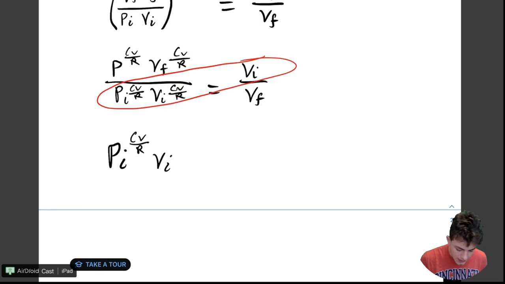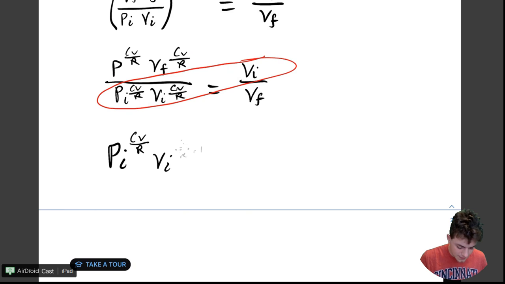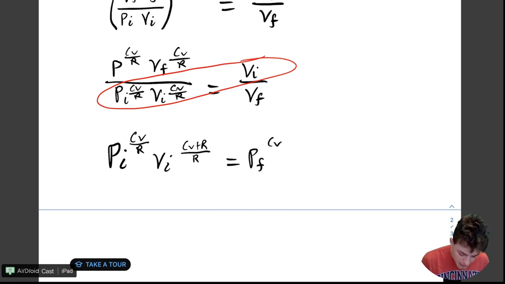So that's going to be Cv over R plus 1. Now, I could keep the exponent as that, however, I am going to instead rewrite this as Cv plus R over R, which is exactly identical to one another. I multiplied the 1 by R over R. And then the other side will be something that looks very, very similar.